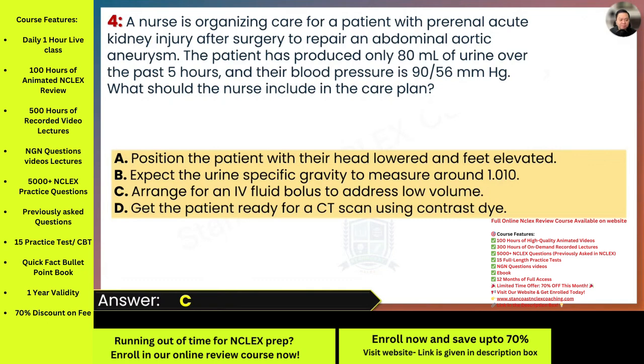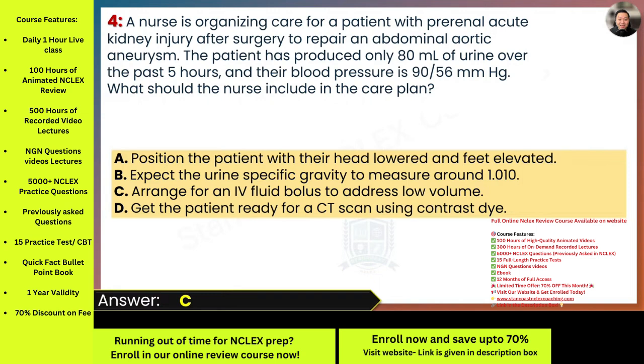Now, what about letter B? Expect the urine specific gravity to measure around 1.010. Well, this is basically normal, and we know that in pre-renal acute kidney injury, we're going to expect the specific gravity to be higher, not lower.